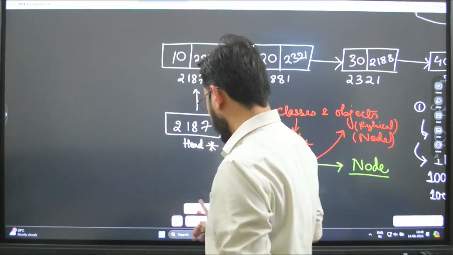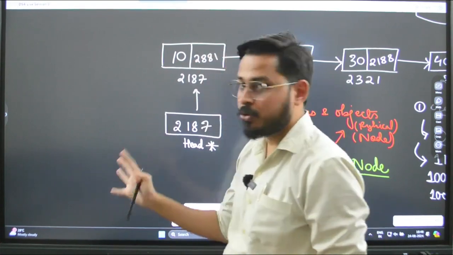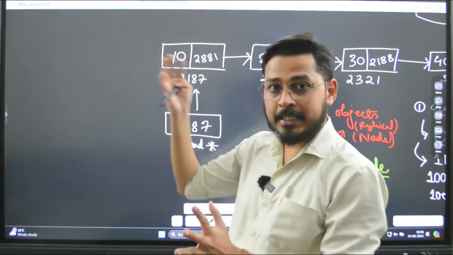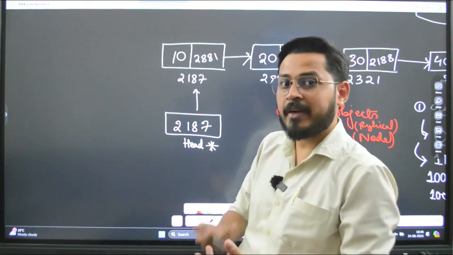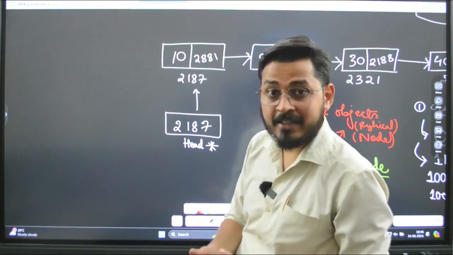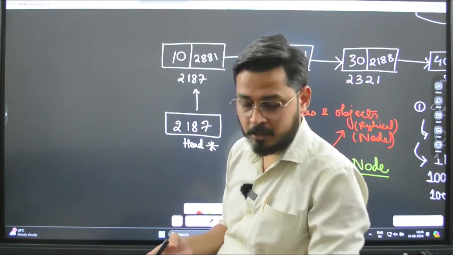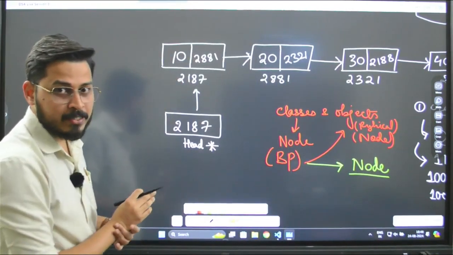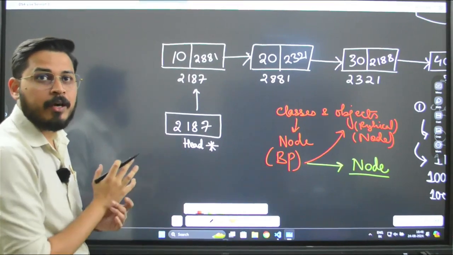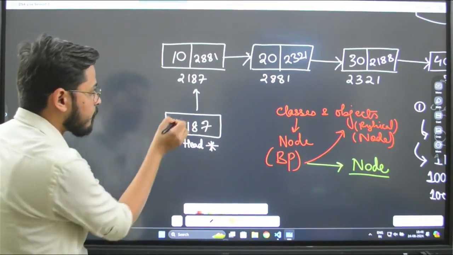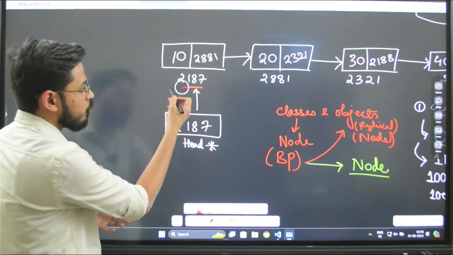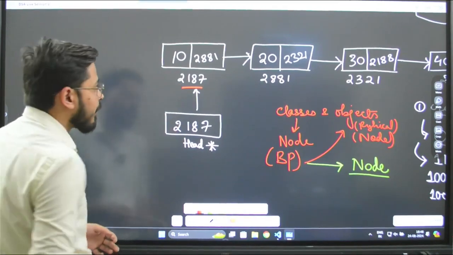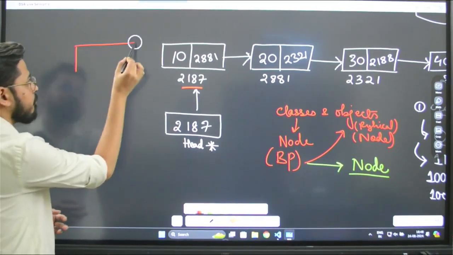Alright. Imagine that you had to do insert at head in the scenario where the linked list is already present. How will you do it? This is the head of the linked list, right? Just imagine that the head pointer is already pointing towards the first node, which is 2187. What I'll do is create a node.